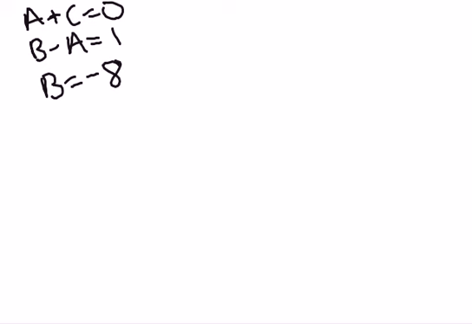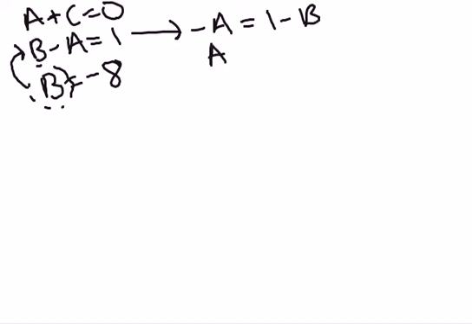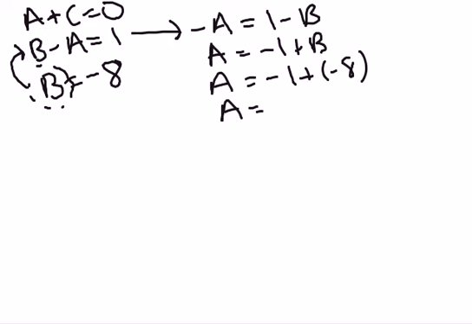So I can go up here and actually take my b value and put it in for that b value to find a. So here I'd have negative a, subtracting b from both sides, I'd have negative a equals 1 minus b, which means a is negative 1 plus b, dividing both sides by the negative 1. But we know what b is. B is negative 8, which means a has to be negative 8 plus negative 1, which is negative 9.